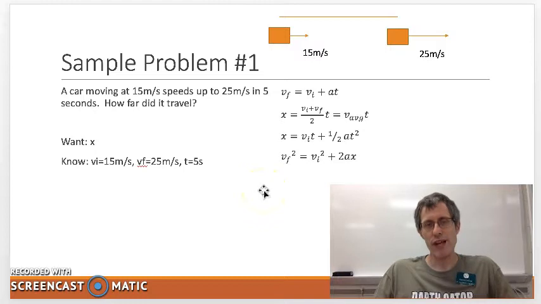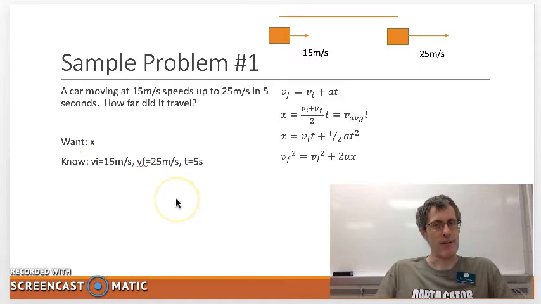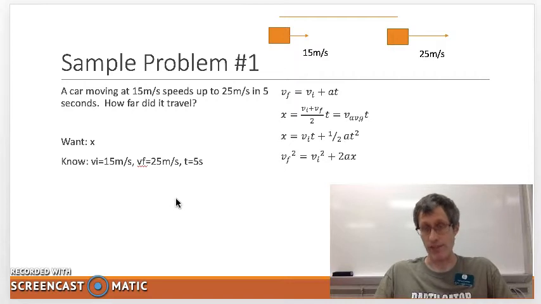I know initial velocity, final velocity, and time. So I have to pick an equation where it has x, and it has only these three variables. Now, a nice easy way to do this is to think about what we don't know. We don't know acceleration. We don't know what a is. So we don't want to pick an equation that asks us for that embarrassing question about what a is.